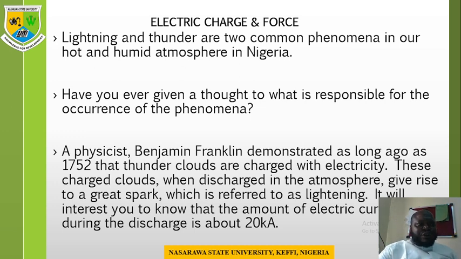During rainy season, sometimes you see a sign of light that strikes the earth, and at a point after the lightning, thunder follows. Lightning and thunder are two common phenomena in our hot and humid atmosphere in Nigeria. Have you ever given a thought to what is responsible for the occurrence of the phenomena?